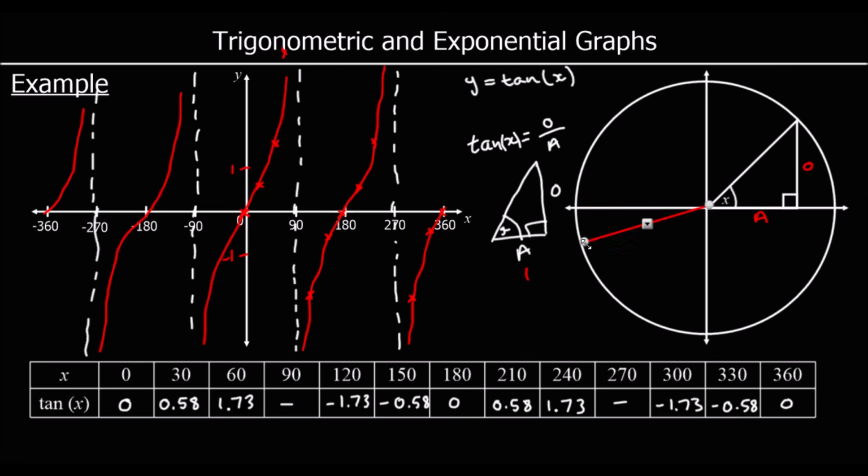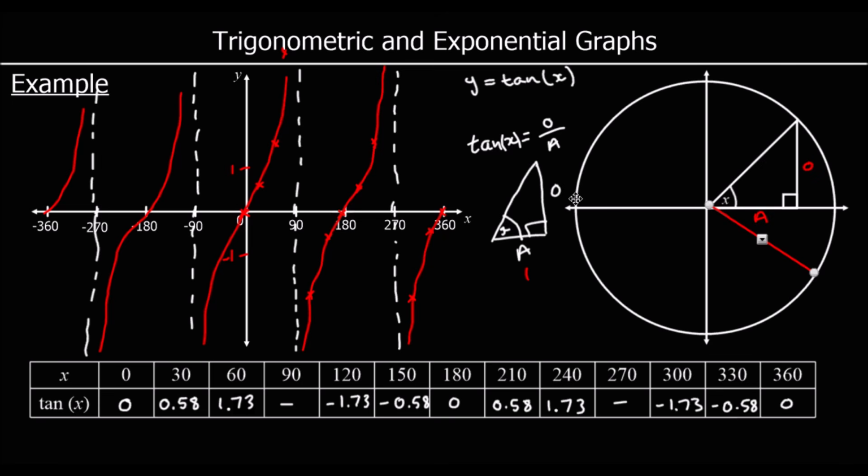Between 180 and 270, tan becomes positive because it's a negative over a negative, which is positive. And then between 270 and 360, we have a negative divided by a positive, which is negative again. So that explains the sign of the tan graph as we go around the circle.